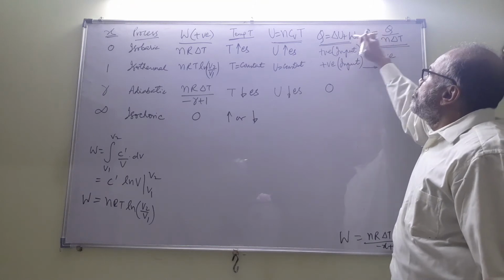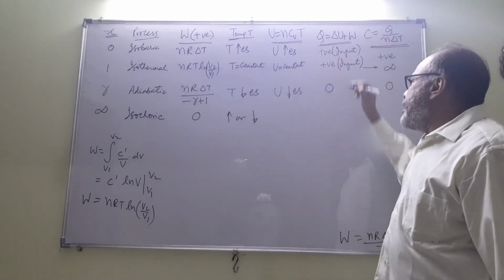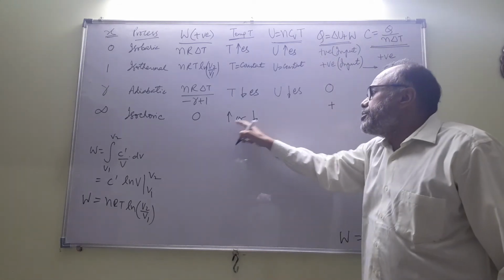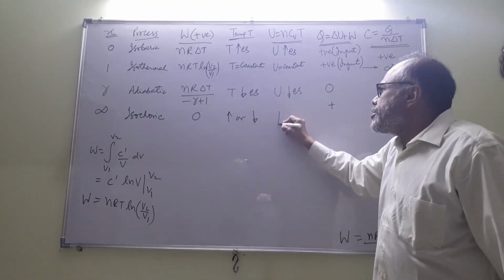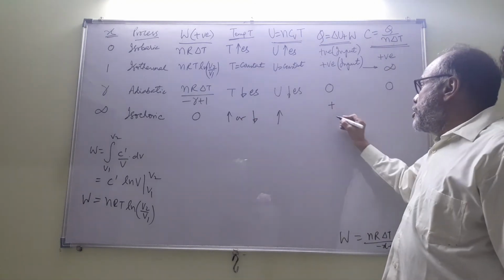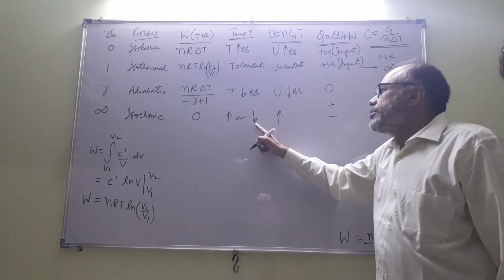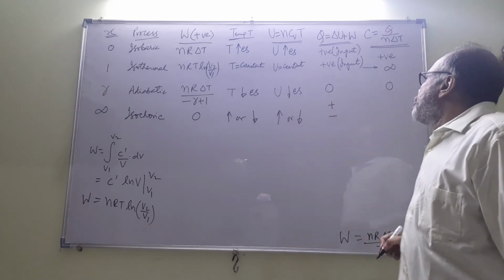W is 0, so Q is equal to delta U. If you have supplied heat, if heat is positive, then the temperature will increase. That is, if there is a heat input, temperature will increase, internal energy will also increase. If heat is rejected, if heat is taken out, temperature will fall and internal energy will also decrease.